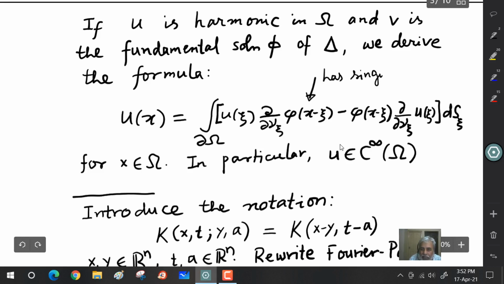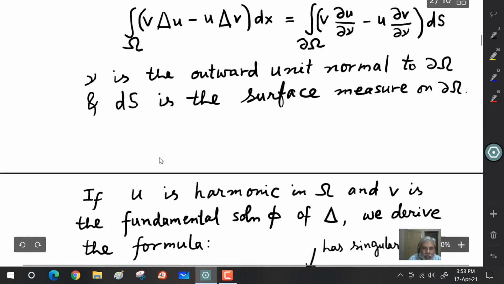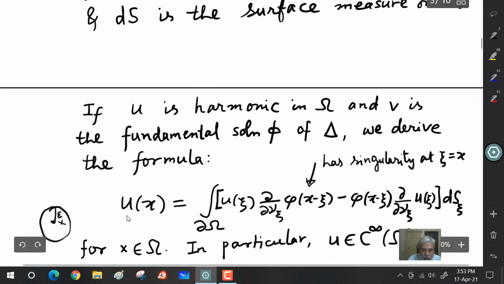If I consider that as a function of y for fixed x, at y equal to x, what we should do is cut off a small ball around it, say of radius epsilon. Okay, so first we integrate over omega minus this ball, and then you let epsilon go to 0, and that produces this u of x.